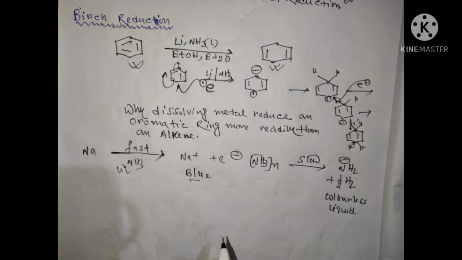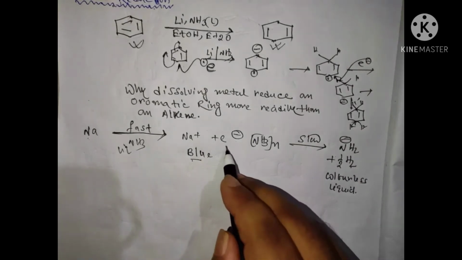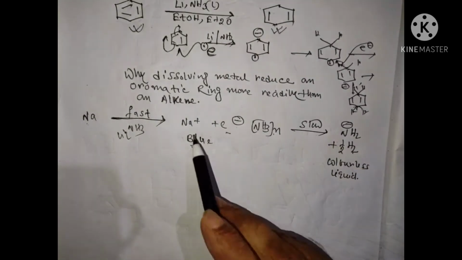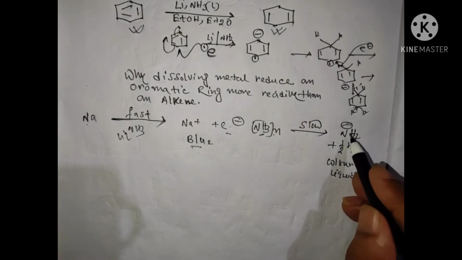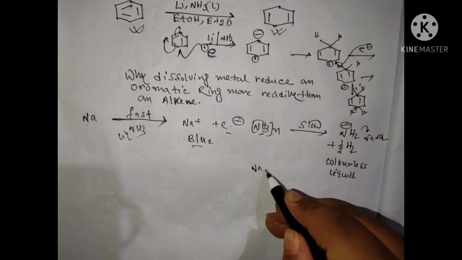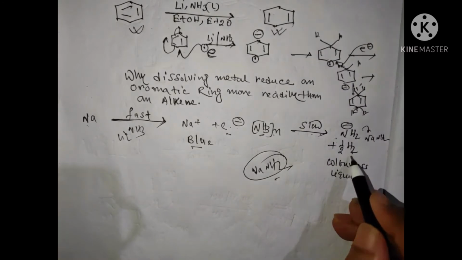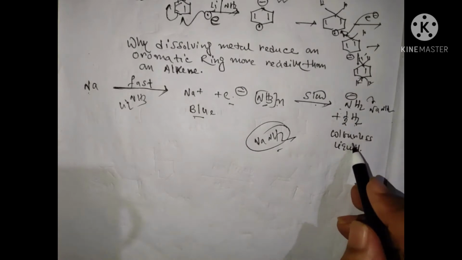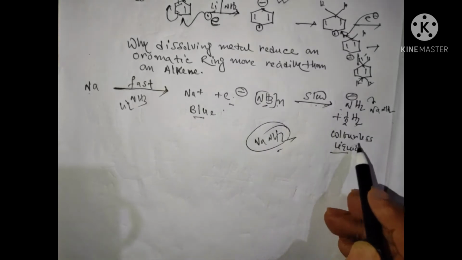So we get a blue color solution, which is because of the electron, and it can slowly reduce the ammonia to NH2 minus, ultimately forming NaNH2, sodium amide, plus half hydrogen gas. But this reaction is very slow, and the blue colored liquid turns to a colorless liquid.